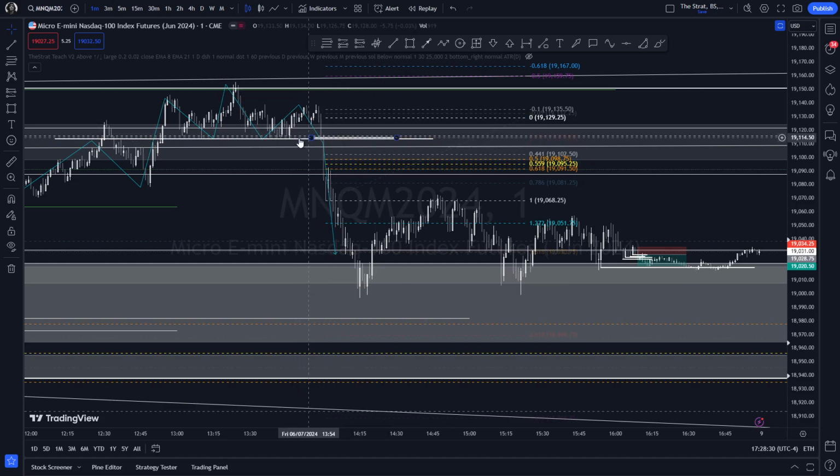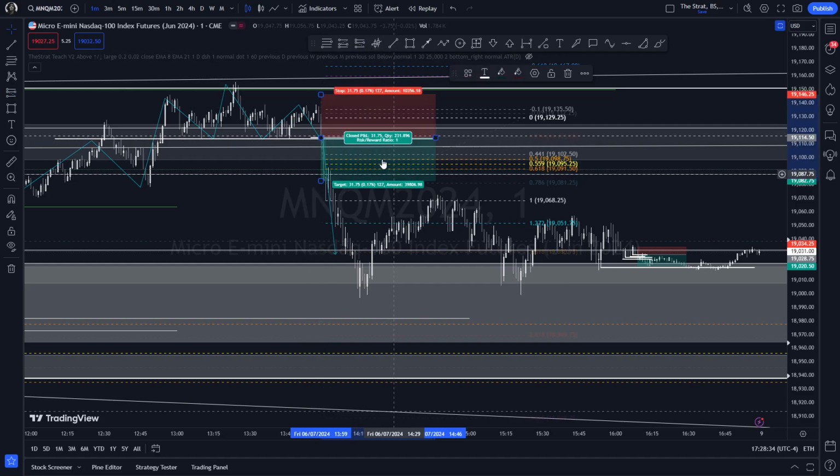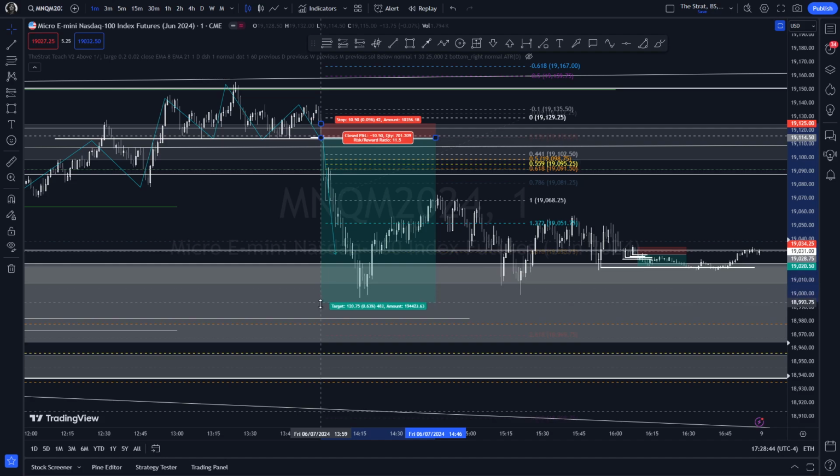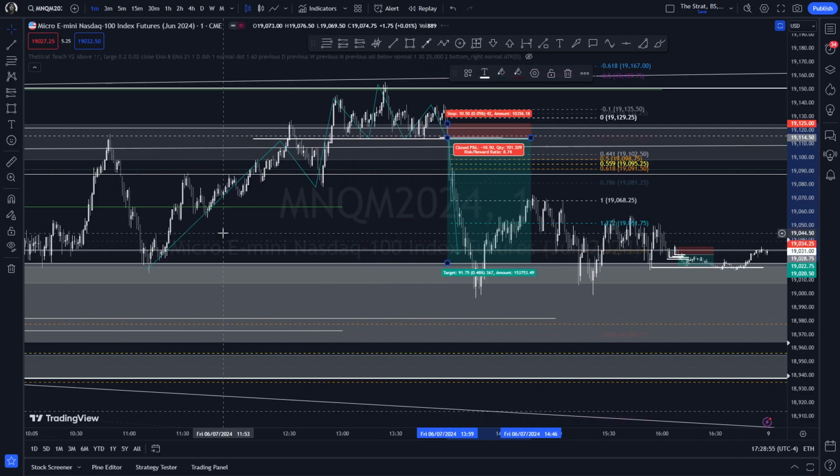I was shorting from this break initially, like here, and my stop was here because I just didn't want it getting above that level, getting blasted. I didn't have this 50% retracement at the time, but initially I was targeting this zone here. Due to time, you can see where that area of support is as well right there.